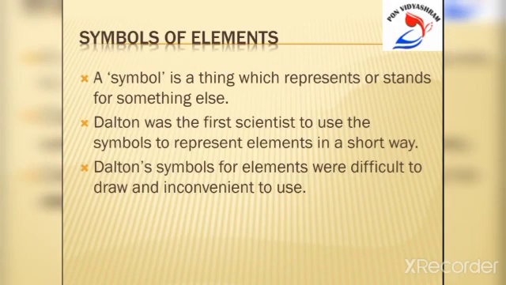Symbol. A symbol is a thing which represents or stands for something else. When we say the symbol of elements, it means the symbol of the atoms of the elements, because elements are made up of atoms. We'll first discuss Dalton's symbols of elements and then the modern symbols of elements.